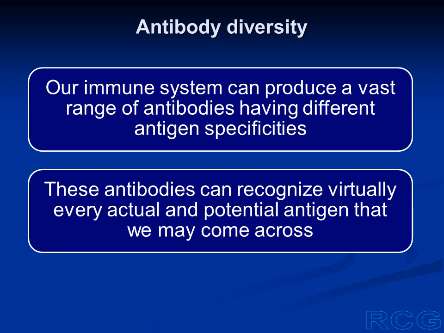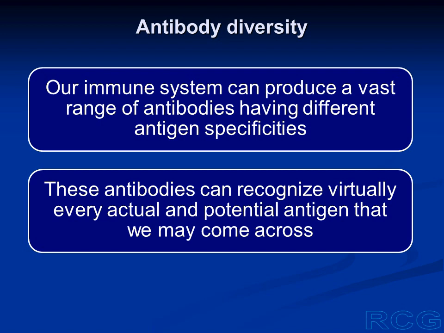Now, our immune system can synthesize hundreds of thousands of different antibodies. And each of these antibodies has got a different antigen recognition site. So they can recognize and bind different antigens. The diversity of antibodies is so much that the antibodies that we possess can recognize practically every antigen that we may encounter, actual antigens as well as potential antigens.